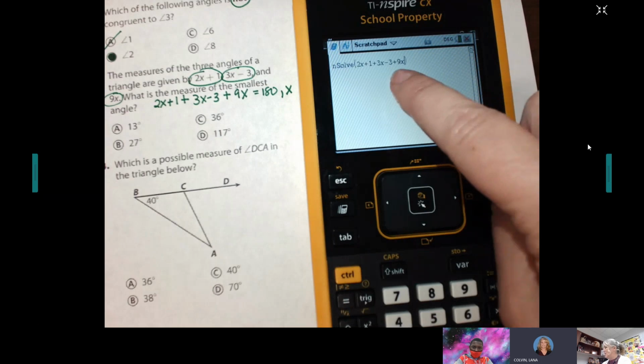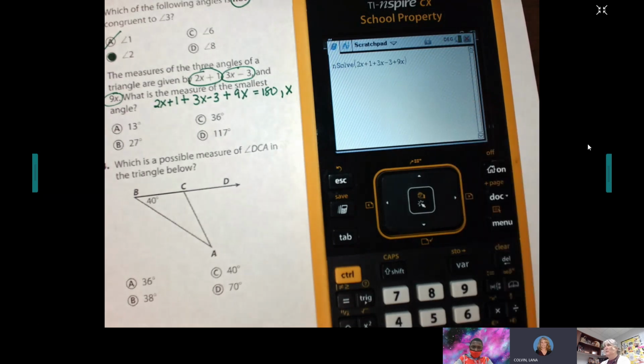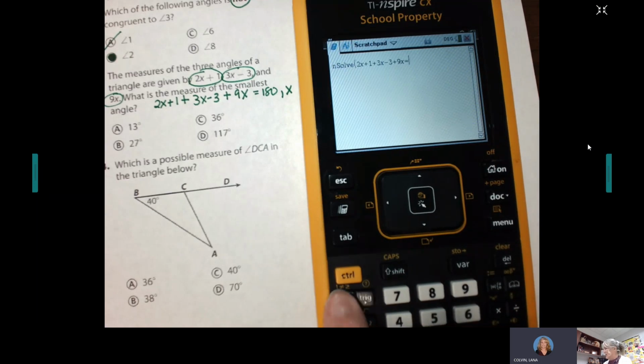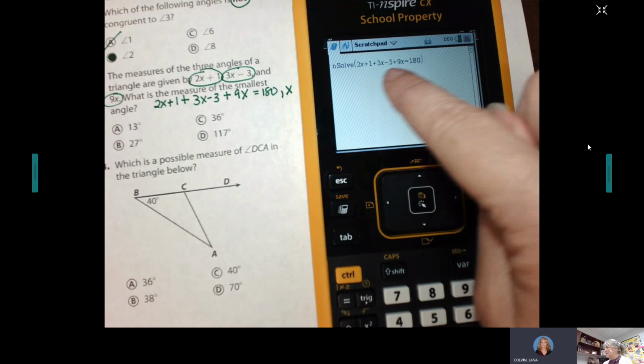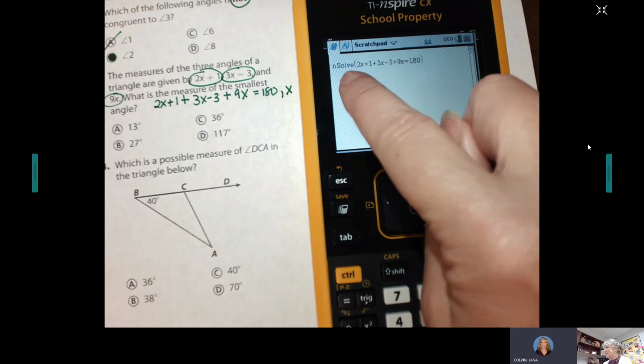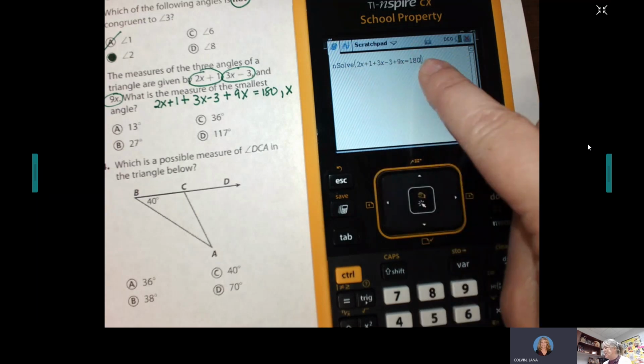Let me know when you get here. You got it? Okay, here's your equal sign right under the yellow key. Equals 180. Now, don't hit enter yet, because here's what we've said so far: hey, calculator, solve this equation for me.